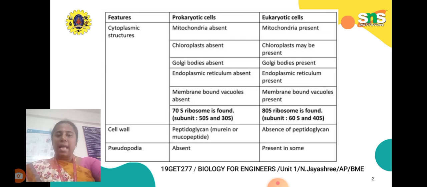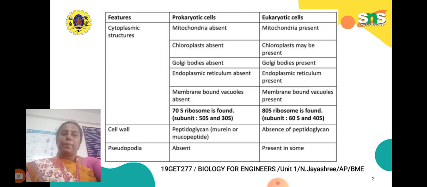Golgi bodies are absent in prokaryotic cells and present in eukaryotic cells. Endoplasmic reticulum is absent in prokaryotes, whereas it is present in eukaryotes. Membrane-bound vesicles are absent in prokaryotes and present in eukaryotes.